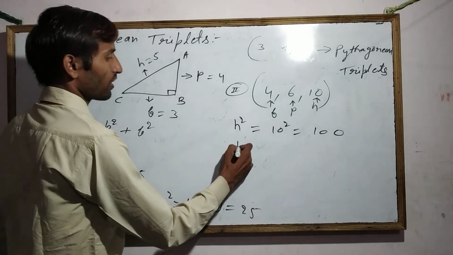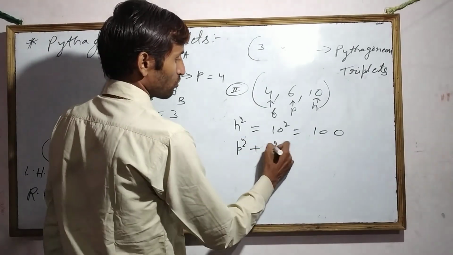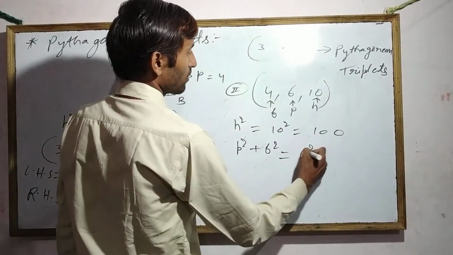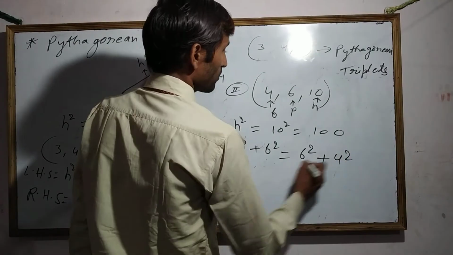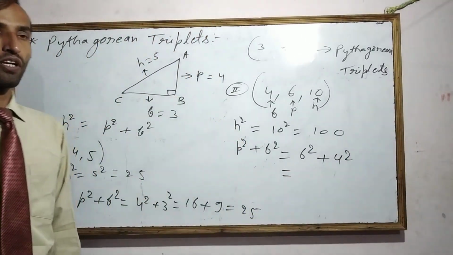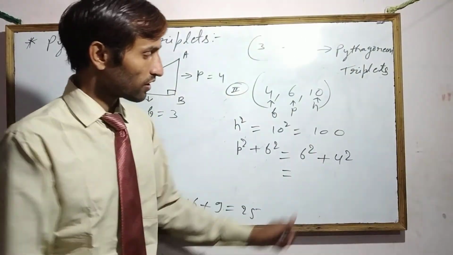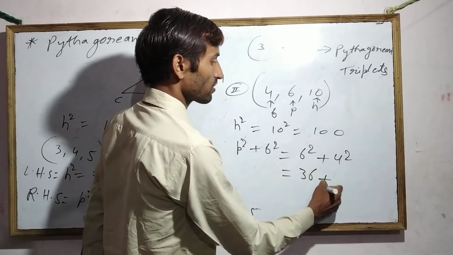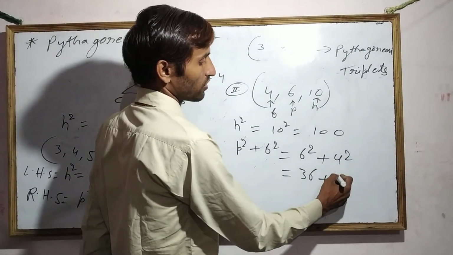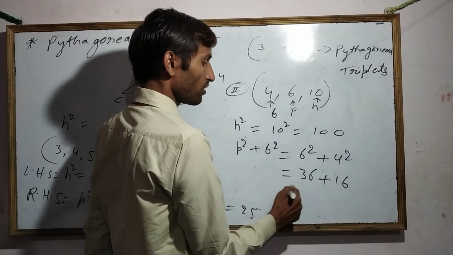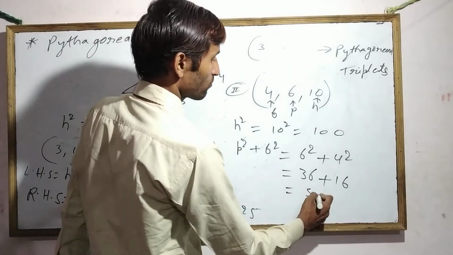Next, p square plus b square: 6 square is 36, and 4 square is 16. Now add both numbers, you will get 52.